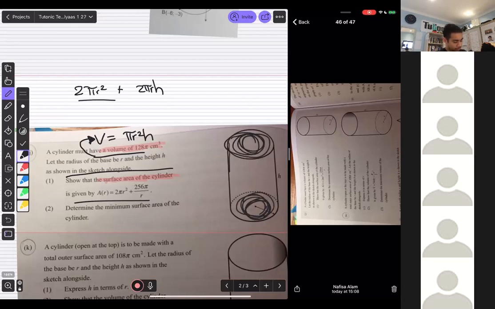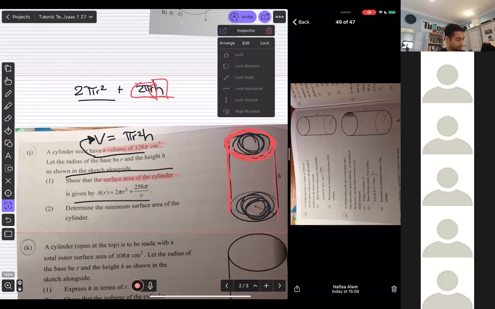And then it's this over here, which is literally a rectangle. If you unfold this, it's a rectangle with this length and this breadth, so it becomes 2 pi r h, because the length is just going to be the circumference, which is 2 pi r, multiplied by the height. Okay, so that's the equation of the surface area.